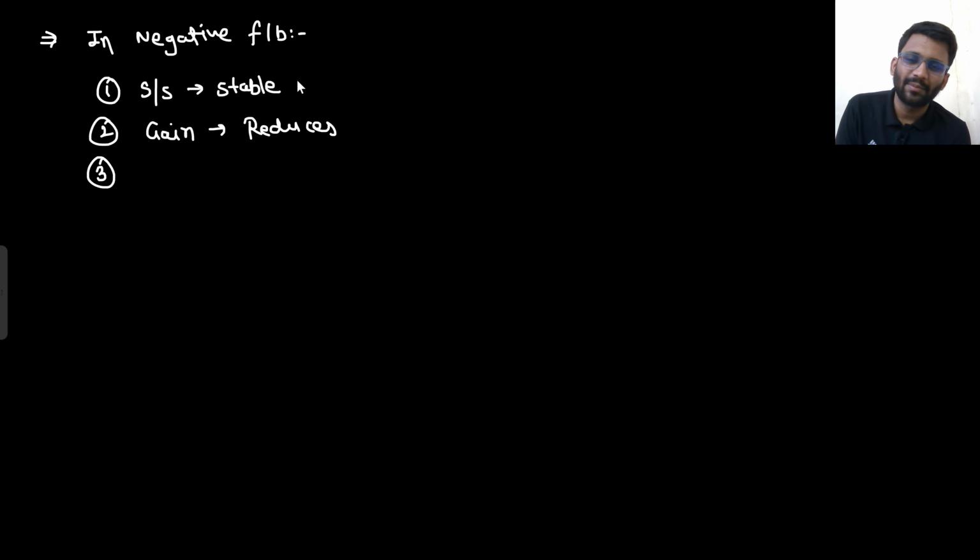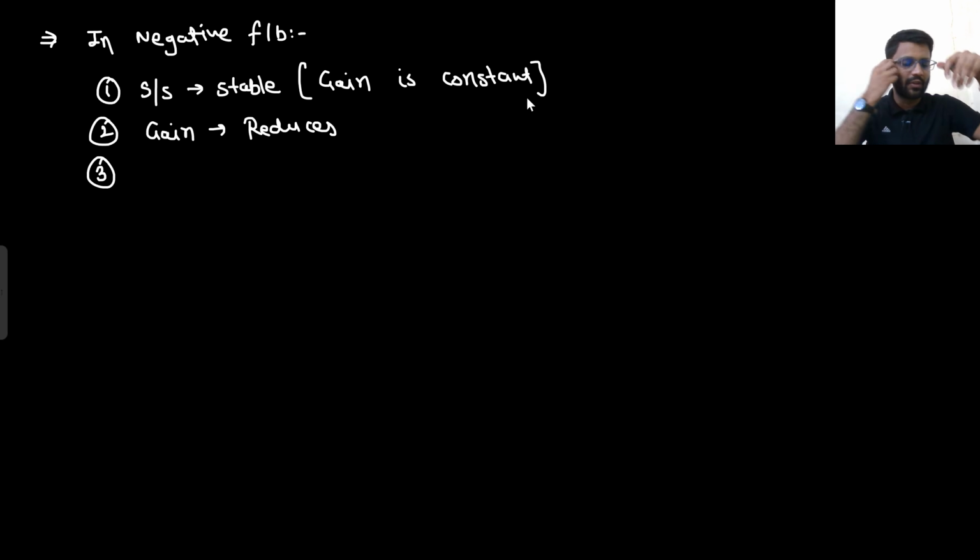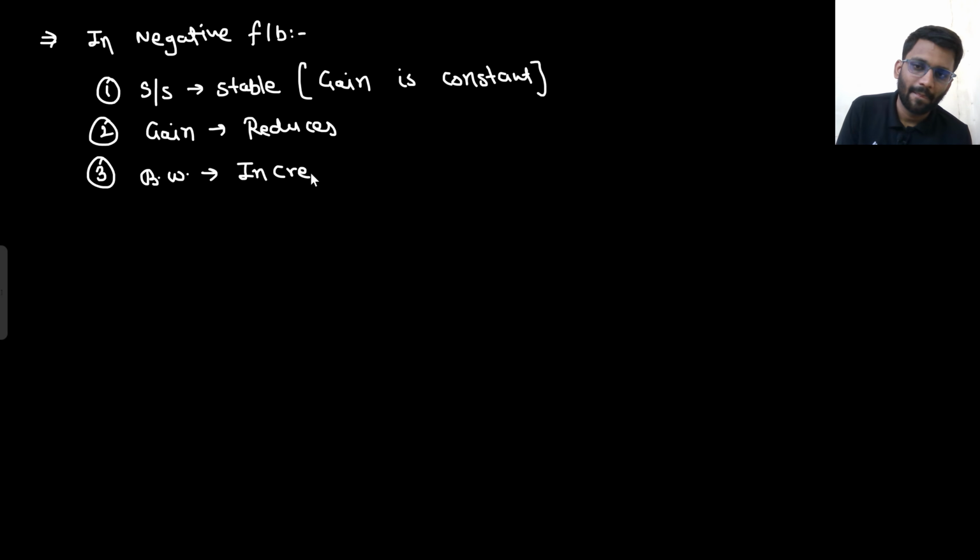Third, system stable means gain is stable. Basically, gain is not dependent on temperature, gain is constant, and the output will also not keep on increasing. If it increases, it will go down; if it decreases, it will go up. So there will be stability, right? So gain reduces. What about bandwidth? Bandwidth increases. And what about linearity? It also increases.